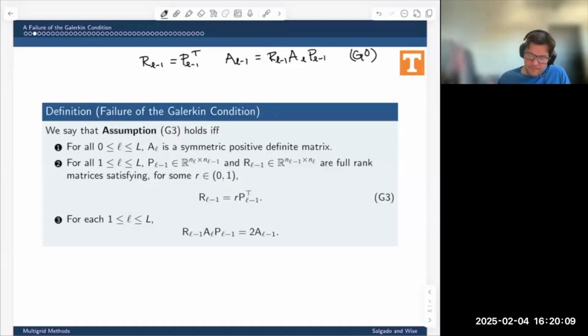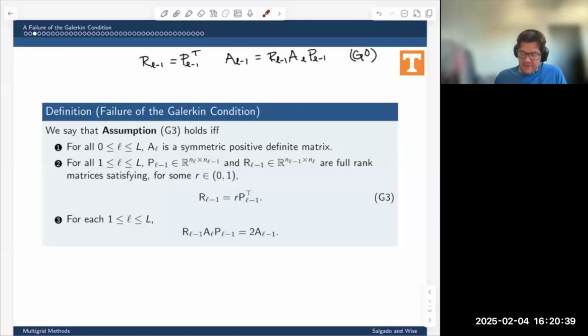We're going to assume that we have a hierarchy of symmetric positive definite matrices, no problem there. But we're going to assume that the prolongation and restriction matrices are no longer related by this simple relation. We're still going to assume, and by the way, I forgot to mention, that they have to be full rank matrices, and they're typically not square. They're non-square matrices, but they are full rank.